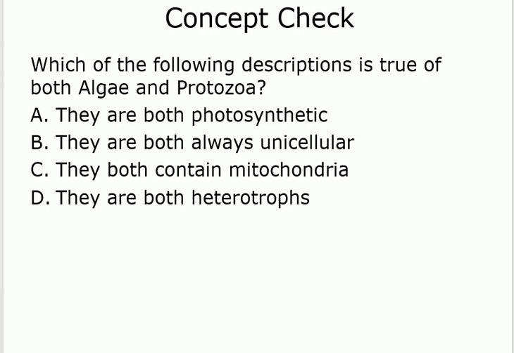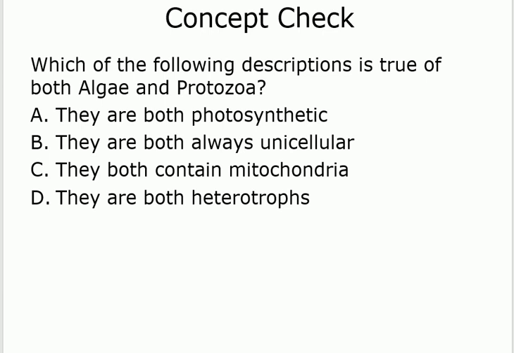Which of those? Algae and protozoa. Always? Is it always? We didn't say always, right? It's mostly. Are both of them photosynthetic? Which one is photosynthetic? Algae only, so this is not right.